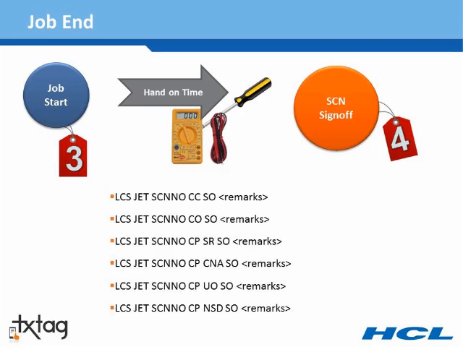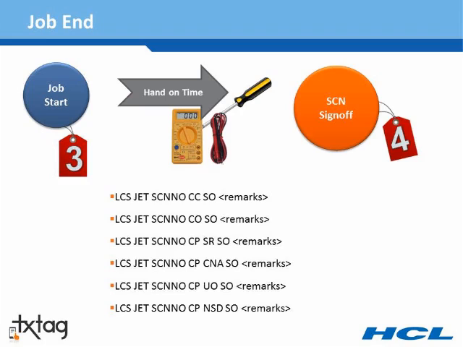The third SMS is call pending, CP. The first one is for call closed, the second is for call completed, and the next four are for call pending. So LCS space JET space SCN number space CP means that the call is not over, there is something pending.